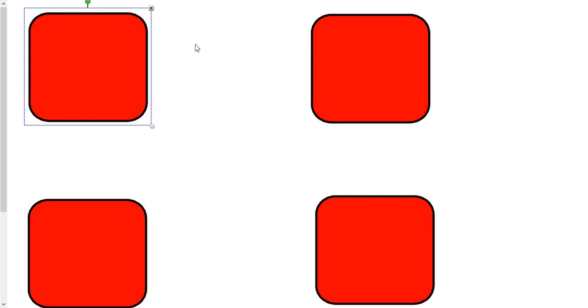L, A, P, I, Z. Otra vez. L, A, P, I, Z. Una vez más.